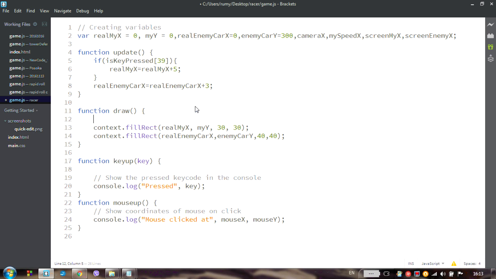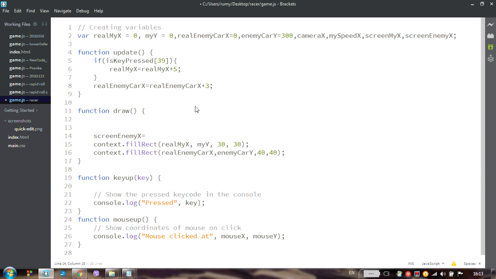Well, my advice is that screen enemy X is always equal to a real enemy car X. This could be a really big number like 2500, but if the player has already reached X 2000, well, we should draw the player and the enemy not on their real axis but on some nicer axis, like the player to be on x0, and if the enemy is 500 pixels to the right, well, let's evaluate this 500.